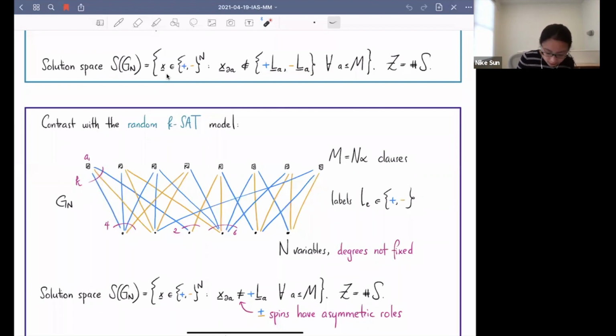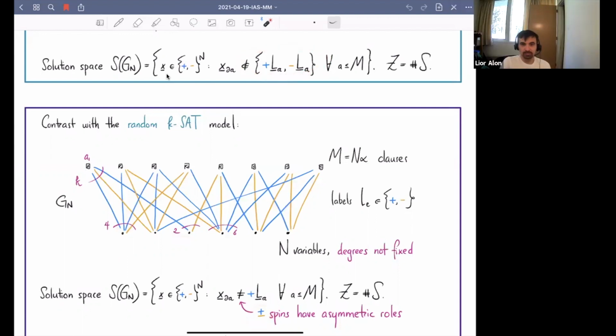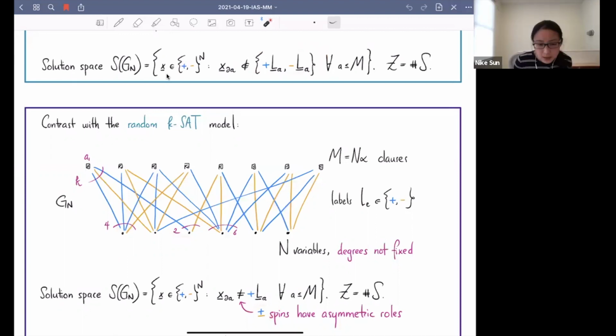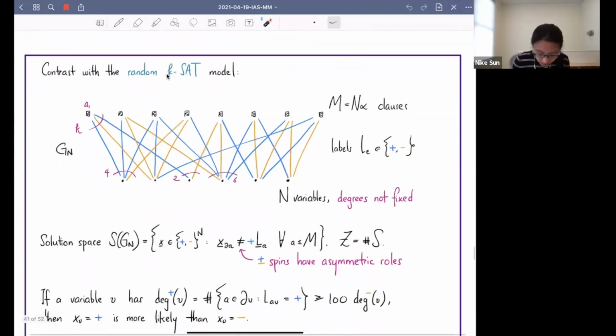This means that on the variables next to that clause, the only assignment not allowed is exactly that one. You cannot have plus, minus, plus, but the other 7 assignments are allowed. This is a minor difference, but it does mean that the plus and minus spins have asymmetric roles in this model, whereas they had a symmetric role in that model. So this is the random SAT model.